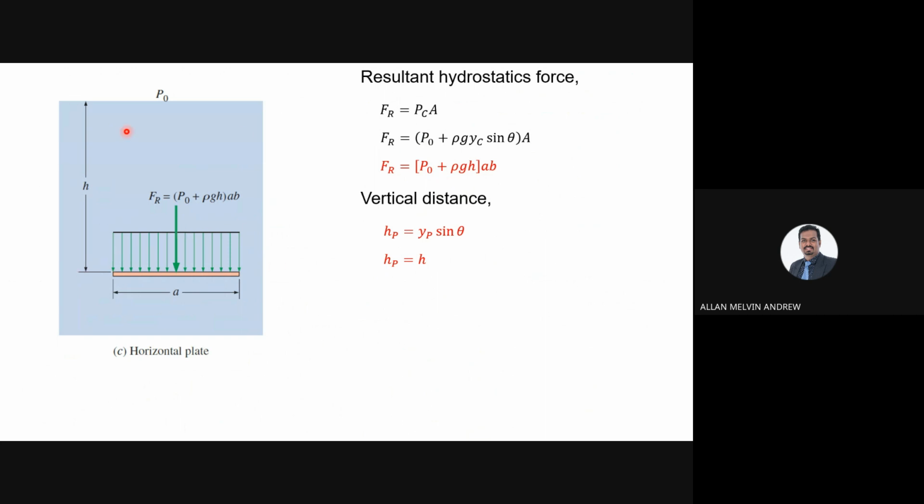Okay, so hopefully in the exam you will be asked on this kind of horizontal plate instead of one at an angle, because when it's at an angle, you need to consider the angle of the submersion as well, and it becomes a bit complicated.